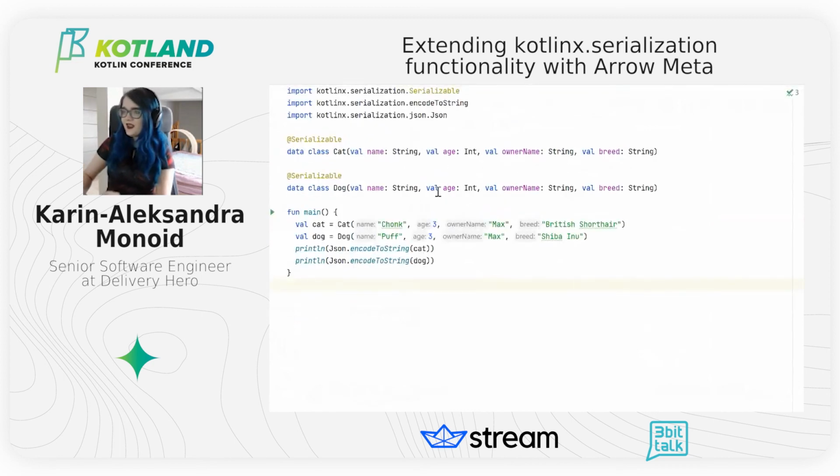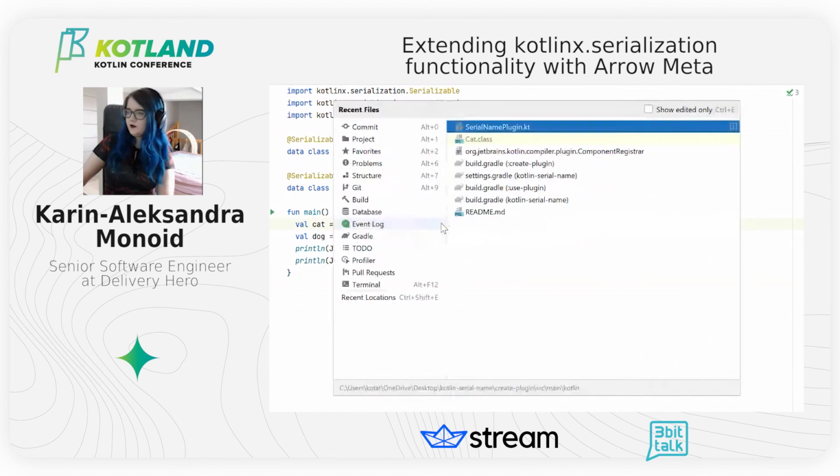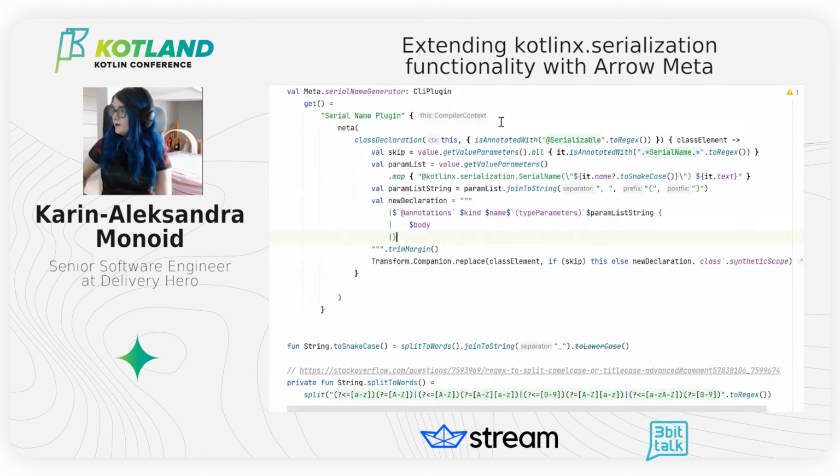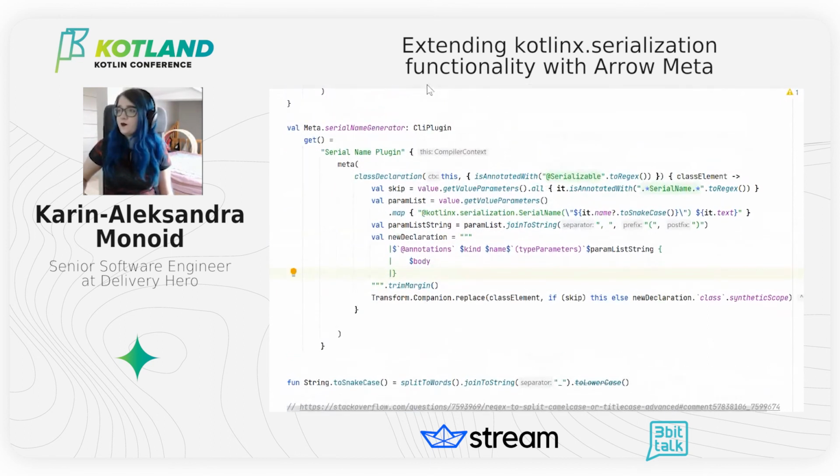Oh, thank you. So this is our main class, our serializable cat, our serializable dog, and the main function. Let's take a look at the plugin first. So this is exactly what we've got.